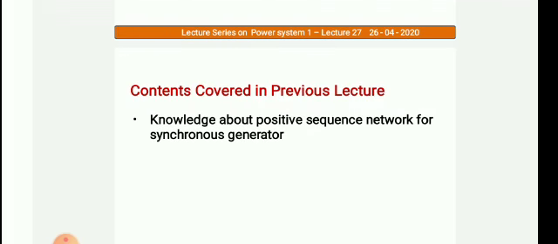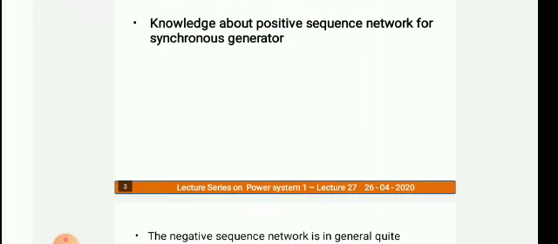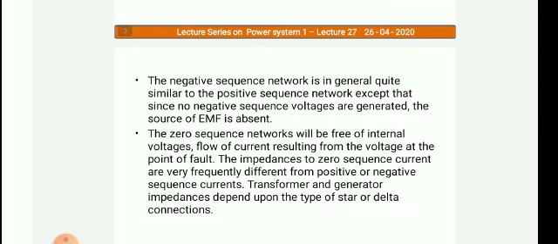In the previous class it was the knowledge of positive sequence network for a synchronous generator. Now, the negative sequence network is quite similar to that of the positive sequence network, except that since no negative sequence voltages are generated, the source of EMF is absent.